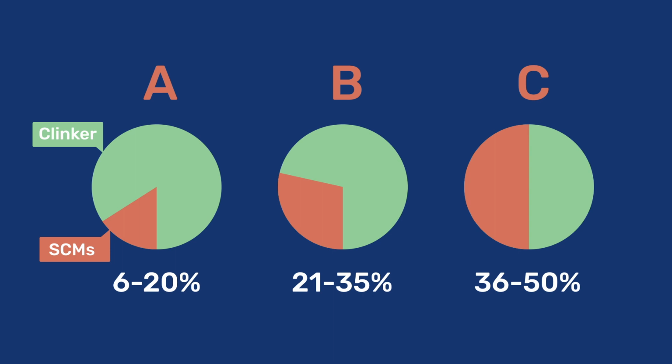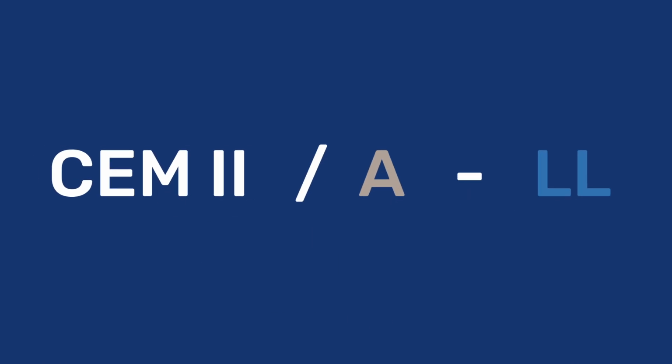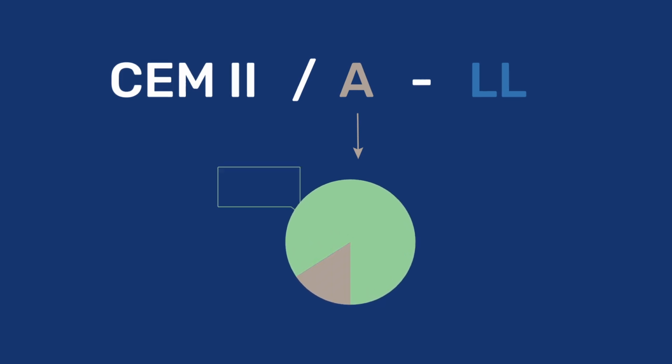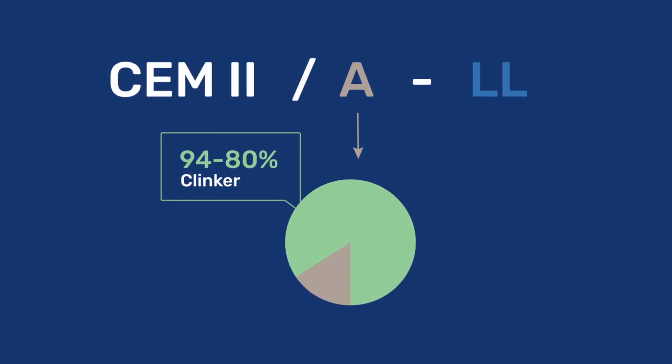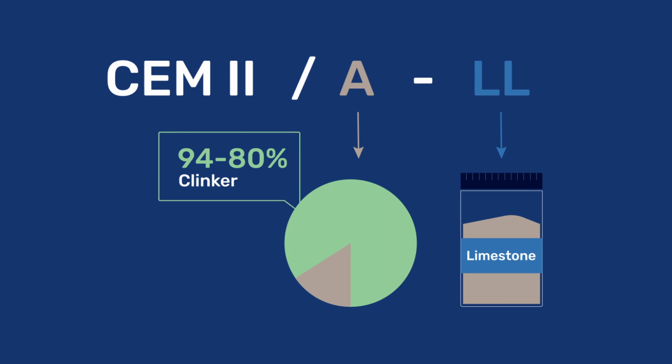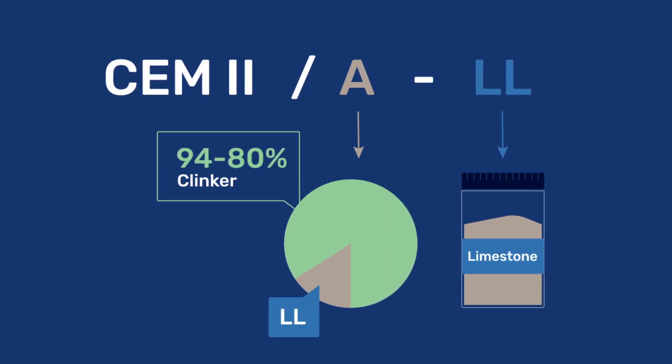Additional letters are included to define the type of SCM used. So, for example, for CEM II/A-LL, the 2A indicates that it is a composite cement for which the clinker content is between 94 and 80%. LL indicates that the SCM used is limestone with an organic content not exceeding 0.2%.